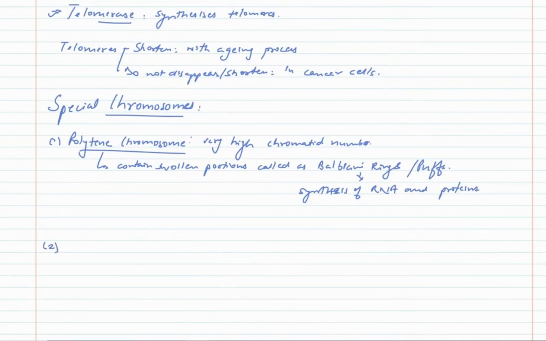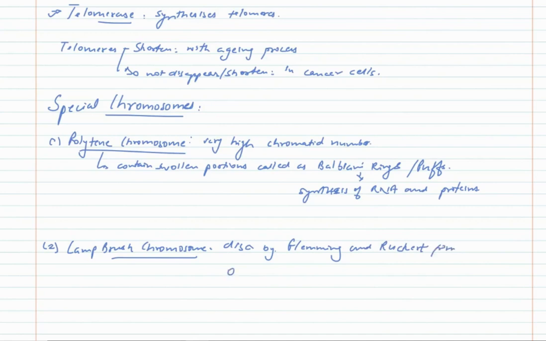Second is the presence of lampbrush chromosomes. These lampbrush chromosomes they were discovered by Flemming and Rückert from oocytes of vertebrates, mainly amphibia, during diplotene stage.